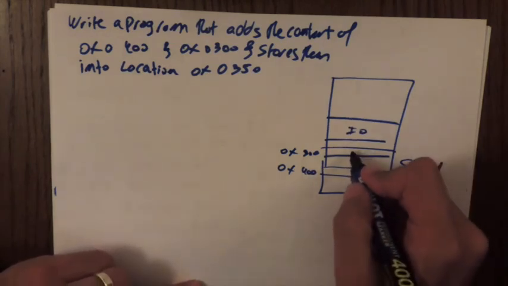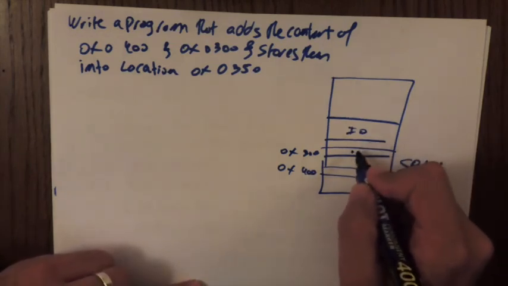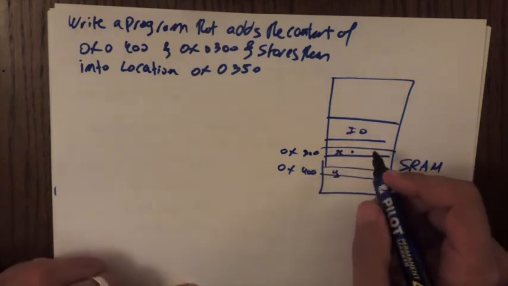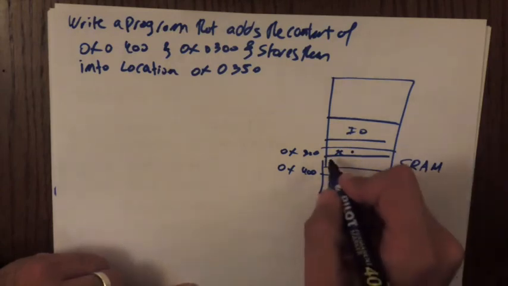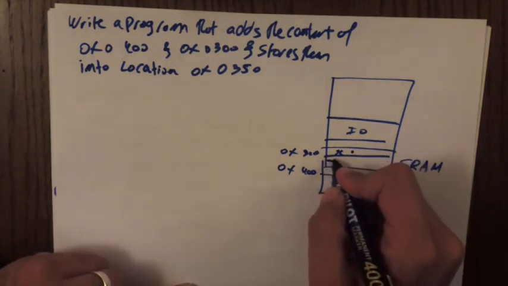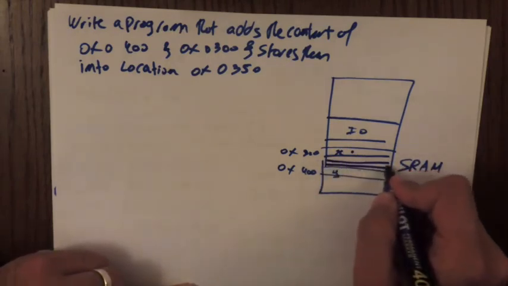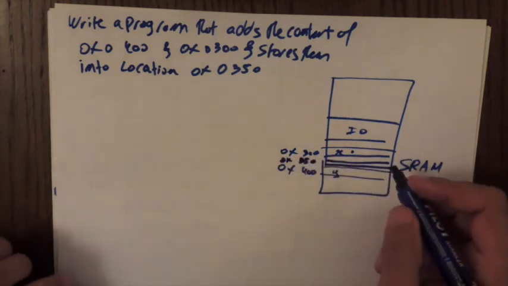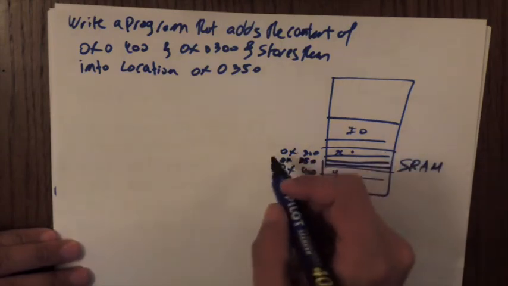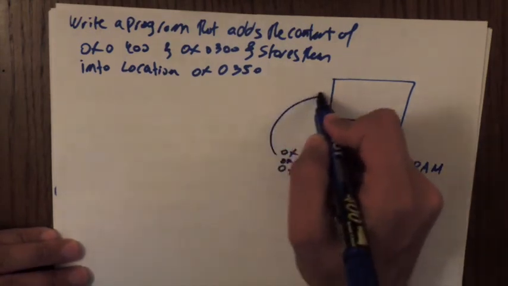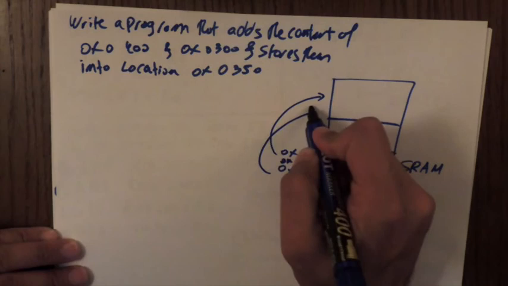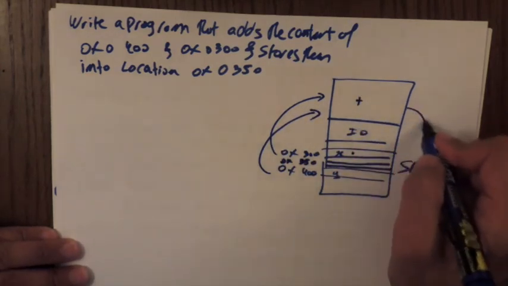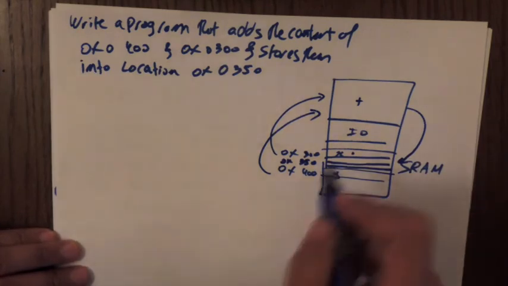What I want to do is add this value, whatever it is, let's say it's X, I don't care about the exact values, and store the result in location 350. In order to do the addition, first I need to read the values into the GPRs, add them, and then store them in the SRAM.